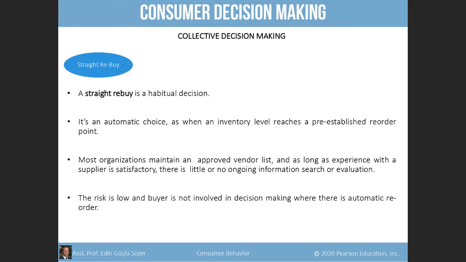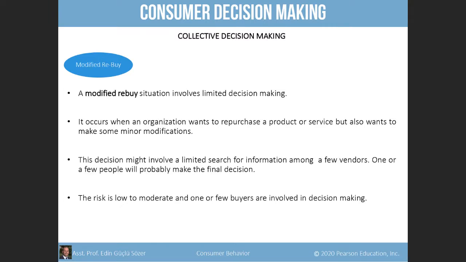This is a straight rebuy. There is low risk because we already know the product. The purchasing committee doesn't need to remake the decision because it is already decided and the orders are handled in automatic ways.